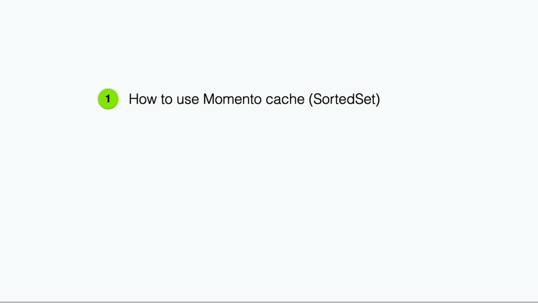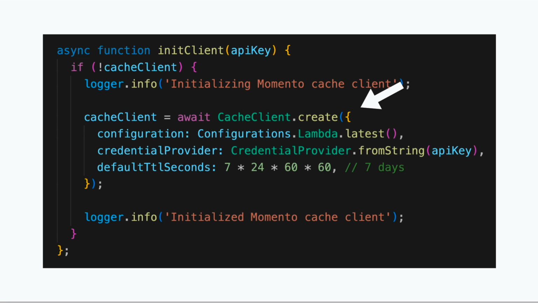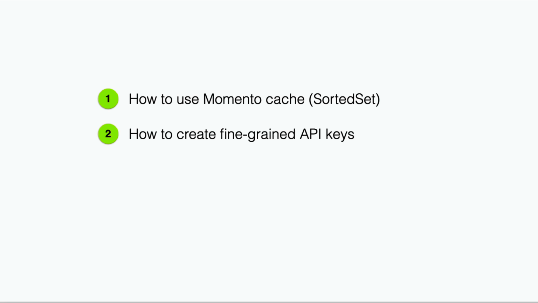So in this chapter, we saw how you can use Momento cache, specifically the sorted set collections, to implement a leaderboard service. And it's mostly a case of initializing a cache client from the Momento SDK and using it. The most challenging thing about it is more around handling the API keys. We saw how to generate fine-grained API keys in the Momento console.